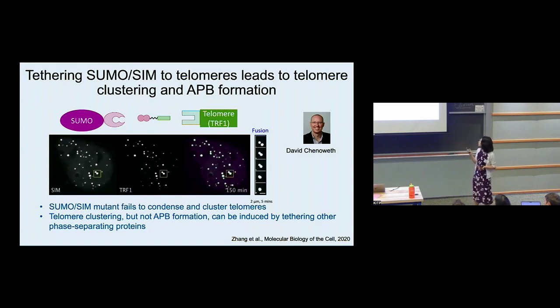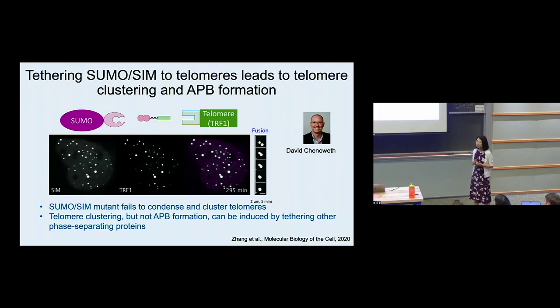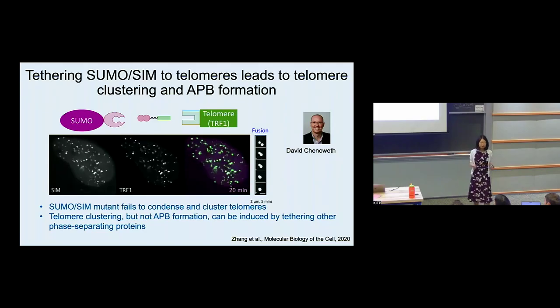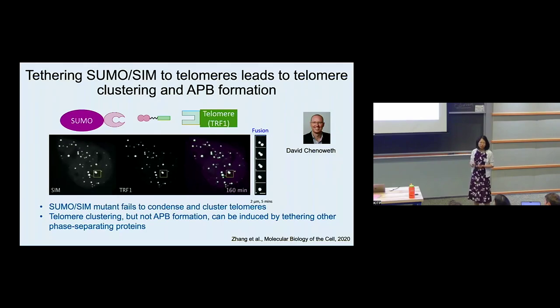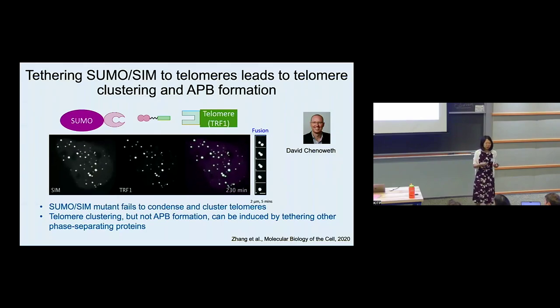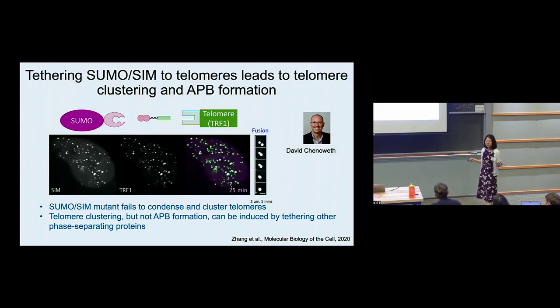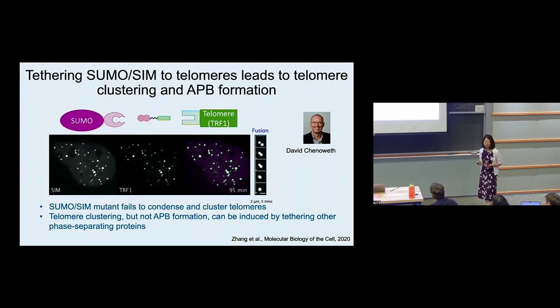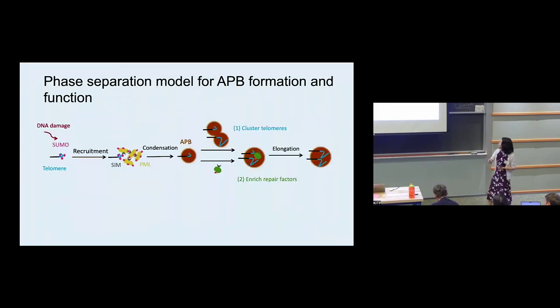And interestingly, telomere clustering can be induced by tethering other phase separation proteins, including different IDRs, but APB formation can only be induced by tethering SUMO. So there's this intrinsic link between SUMO and the APB, but the clustering only leaves some condensate forming on the telomeres.